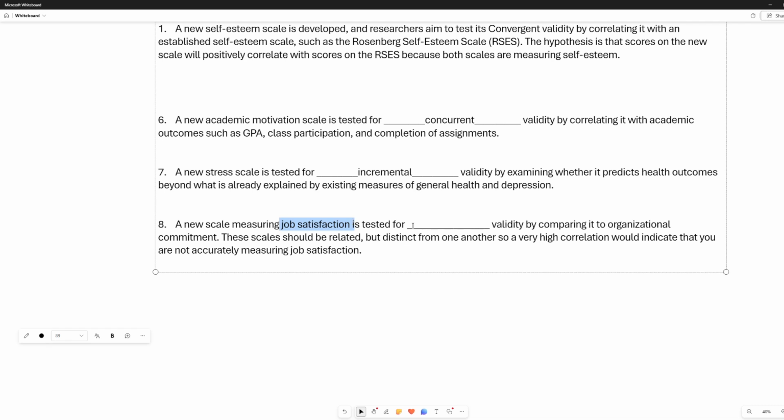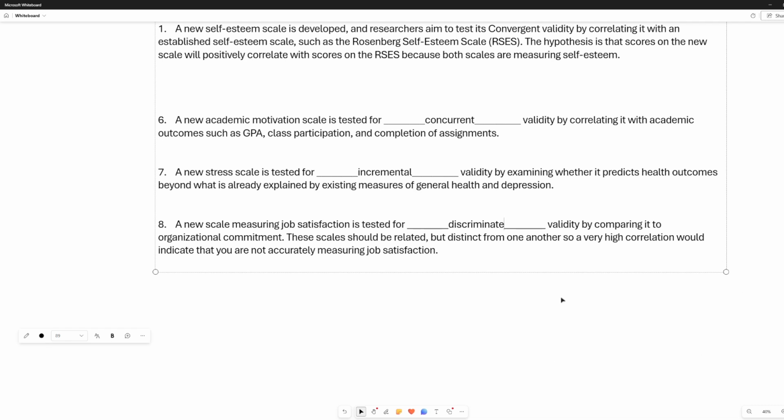So again, we would expect them to be positively correlated, but not so much so that we would worry that I'm actually measuring the same thing. And so this would actually be discriminant validity. Can it actually distinguish from this existing measure of organizational commitment?